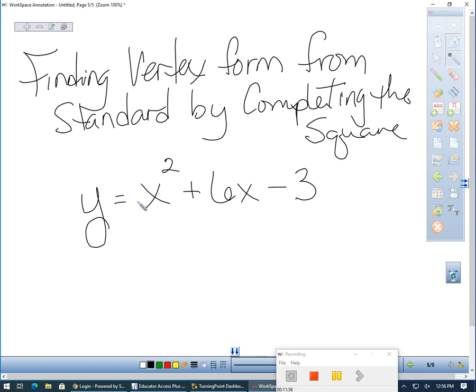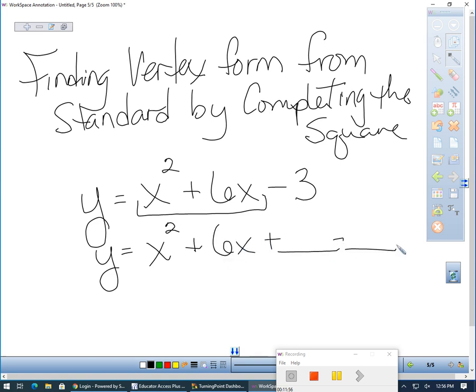So we're going to actually take this part, and first thing I want you to do is to rewrite this with a plus a blank, minus a blank, and then minus your 3 at the end. The reason I wrote it this way is because we're going to be adding something to this, and then we got to take it back off, right? Because that's how we keep our equation the same, right?